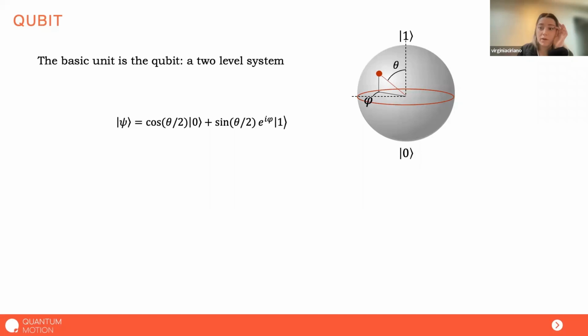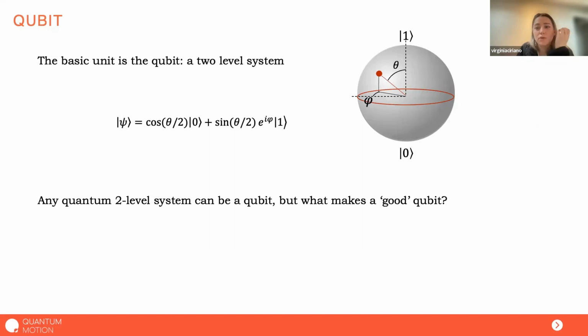So as I said, to make a qubit, we only need a quantum two-level system. But what makes a good qubit? The first thing is that it has to be very well isolated from the environment. Any kind of interaction of anything, like photons, with your qubit is going to make you lose information.